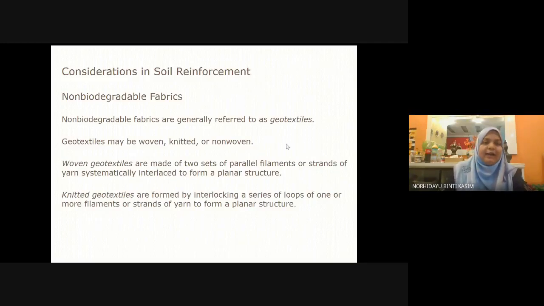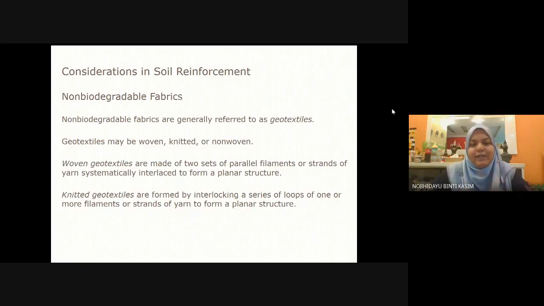And then we have the second one, biodegradable fabric. Usually we refer to geotextile. We have a few types of geotextile: woven, knitted, and non-woven.